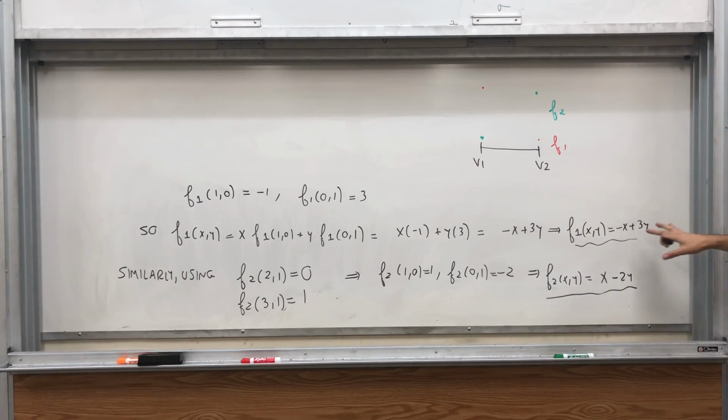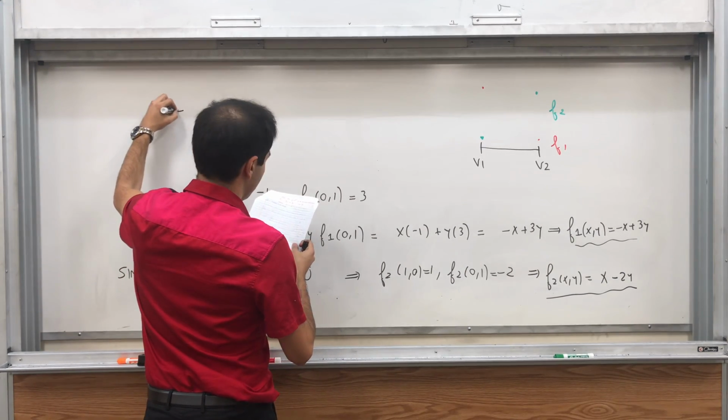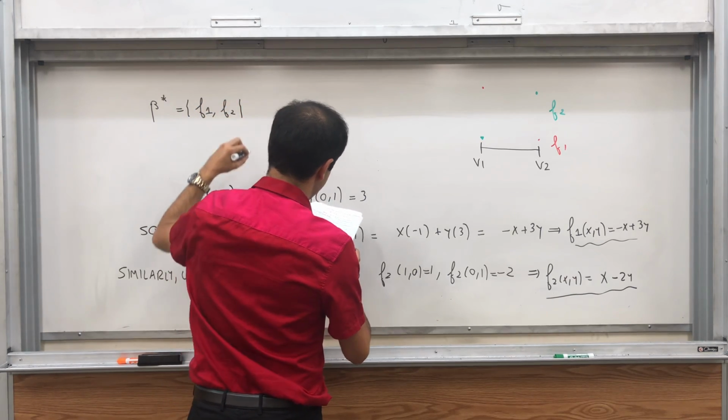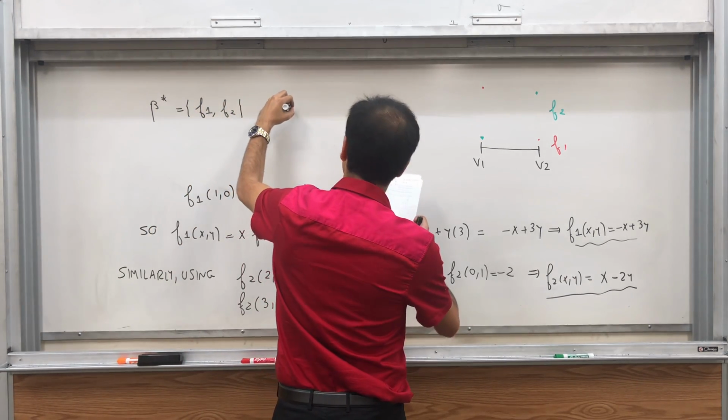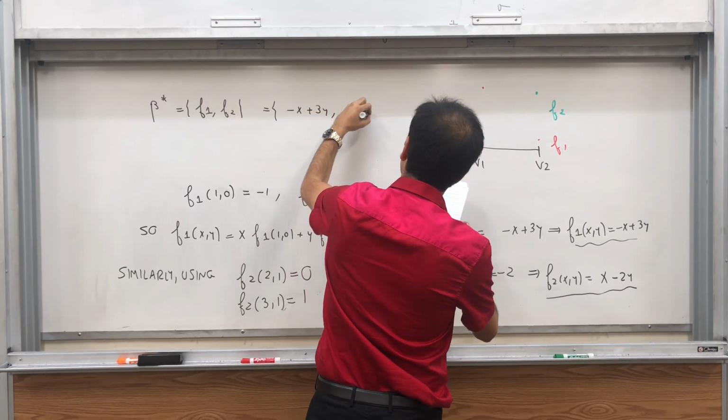And that is our answer. Our dual basis here is f1 and f2, which is, if you want, the functions minus x plus 3y and x minus 2y.